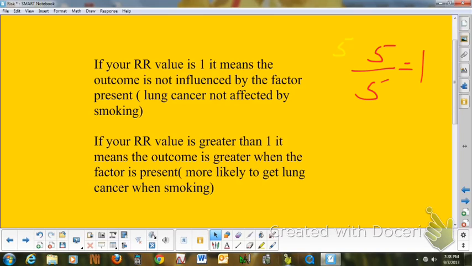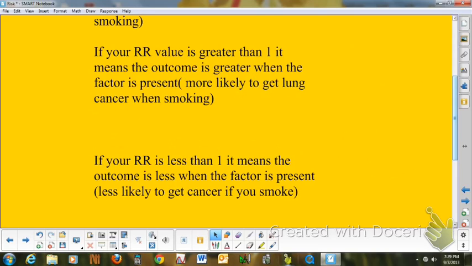They're the same. If your R value is greater than 1, like what we found, which was 6.8, that tells you there is an effect, and in fact it means that the outcome is greater when the factor is present. So more likely to get lung cancer when smoking, and you're 6.8 times or 7 times more likely to get lung cancer if you're a smoker. And then if you get a ratio, let's say you got 5 over 7 as the absolute, so that you get something less than 1.